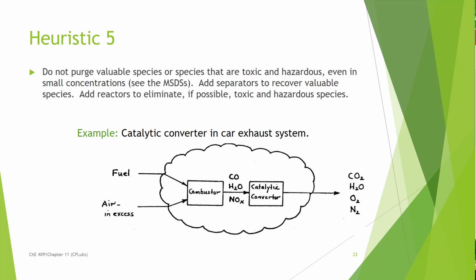Next, they recommend don't purge valuable species, or a species that's toxic or hazardous. On those, we're going to try and recover them and sell them, neutralize them, whatever it takes. We will add extra devices so that we do not poison our surroundings.